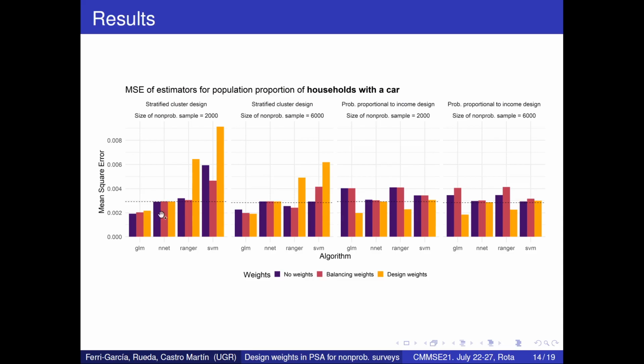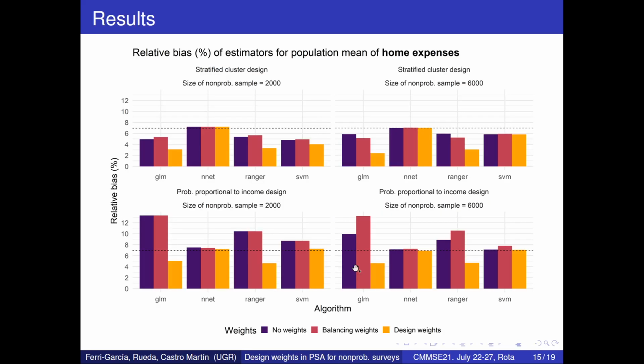In this case, the inclusion of design weights in the model fitting procedure can lead to significantly worse estimates under the stratified cluster sampling design and significantly better estimates under the sampling design proportional to the income, especially for logistic regression, GLM, and random forest, Ranger here. We can see that in both cases, the yellow bar is much smaller than the other two bars and also smaller than the baseline.